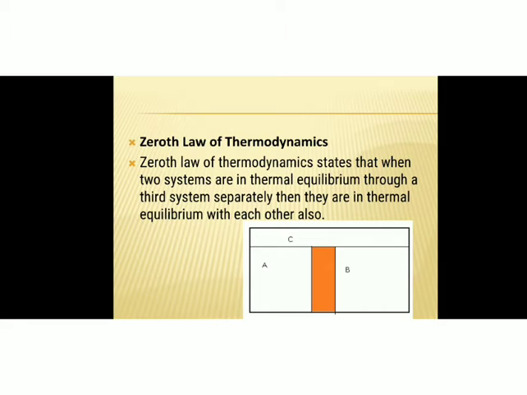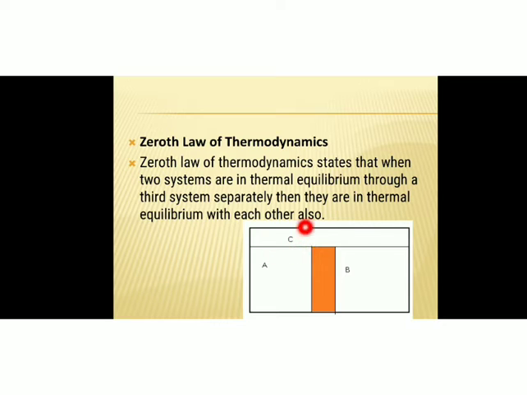Since you had already studied the diathermic wall and the adiabatic wall, you can easily understand the zeroth law of thermodynamics. The zeroth law states that when two systems are in thermal equilibrium with a third system separately, then they are in thermal equilibrium with each other.